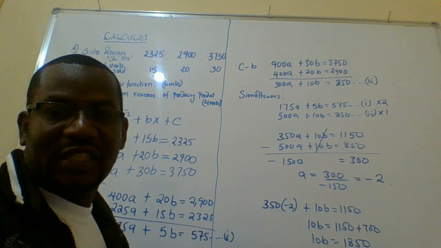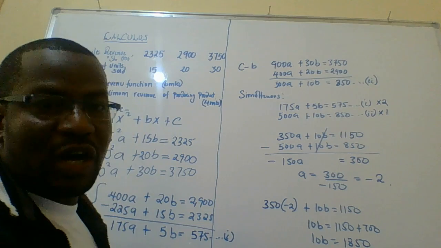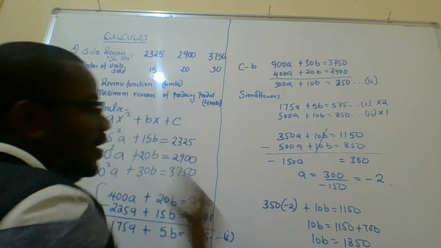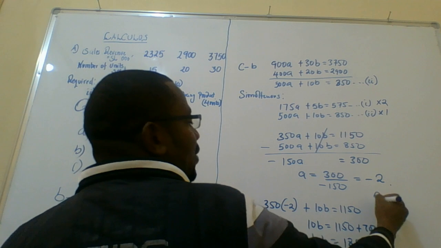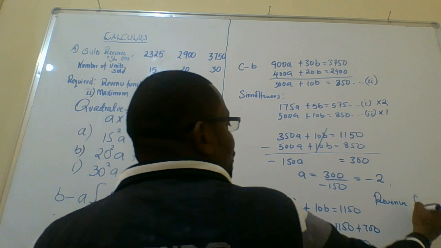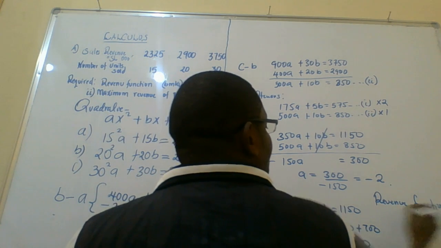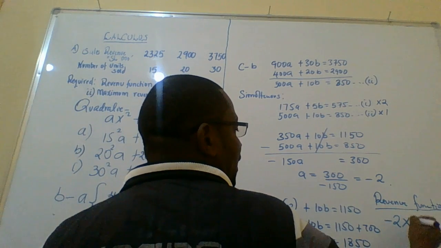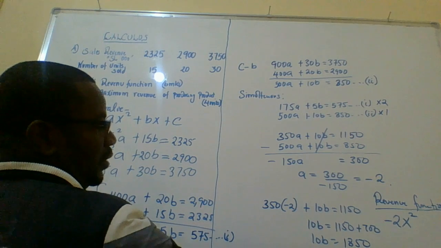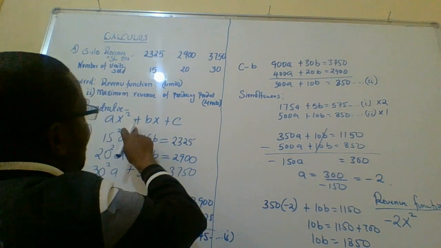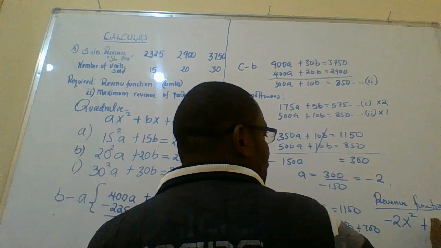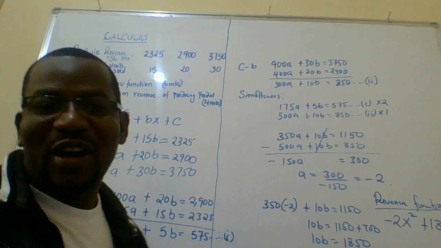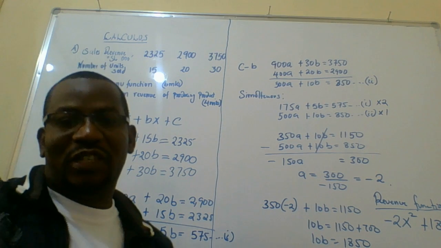B is 185. So our revenue function, we substitute here, is negative 2x squared plus 185x.